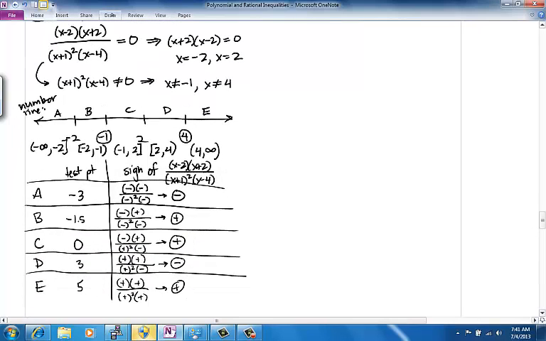So we want the places where the quotient was negative. Looks like interval A, interval D. So the solution set is -infinity to -2 including negative 2, union 2 to 4, including 2 but not including 4.